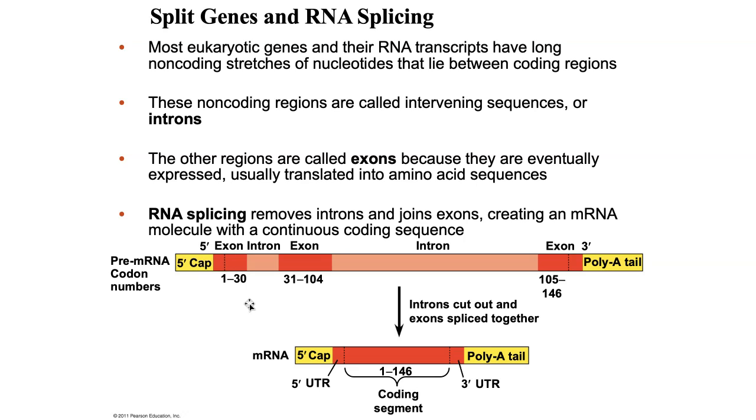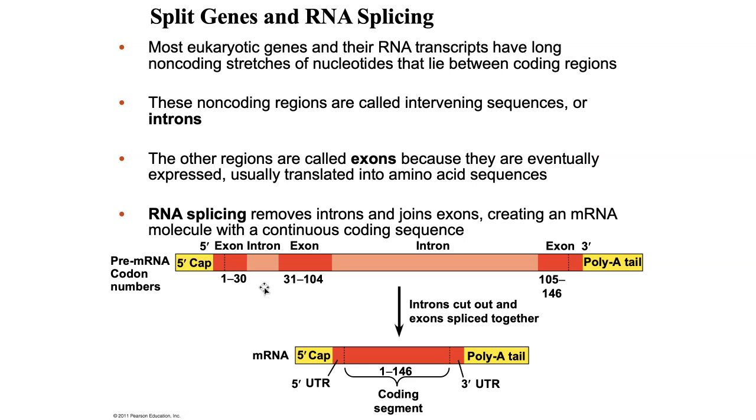Those 2 regions are called exons and introns. Exons are the protein coding regions. So that's these dark red colors here. There's 1, 2, 3 exons in this transcript. The introns are the non-coding, so we're going to cut those out. The way that I remember that is that introns interrupt.